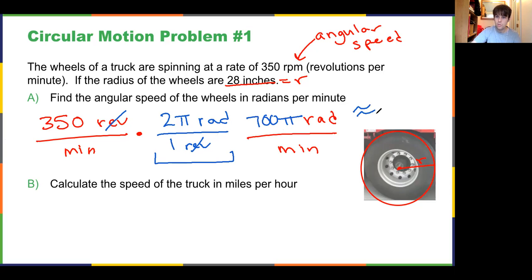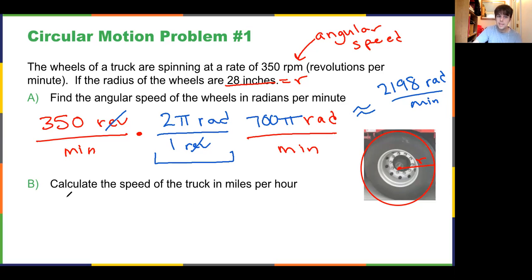I'm going to use 3.14 for pi, just to simplify the calculations a little bit. So 700 times 3.14 is an estimated value of 2198 radians per minute. So that is our angular speed in the proper radians per minute unit that we need for solving some things about these circular motion problems.